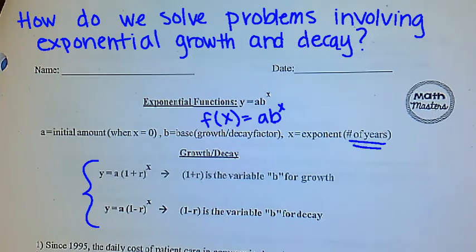The new thing we're going to talk about is, instead of just having a b, where we look at the table and see how much we're multiplying by as we go up, we're going to look at b standing for 1 plus r or 1 minus r. If we're adding, it's going to be growth. If we are subtracting, it's going to be a decay. When you see the letter r, this represents a rate as a decimal.